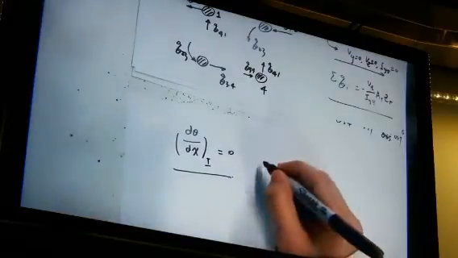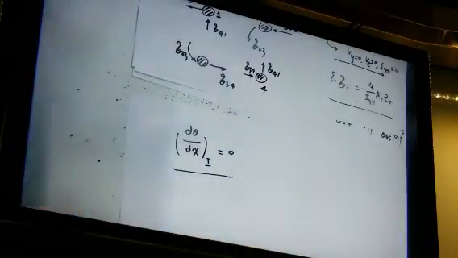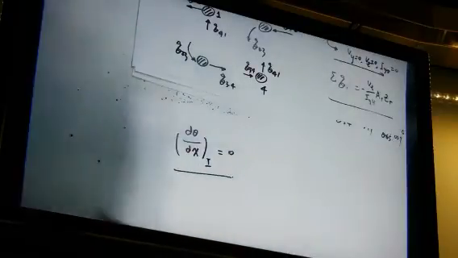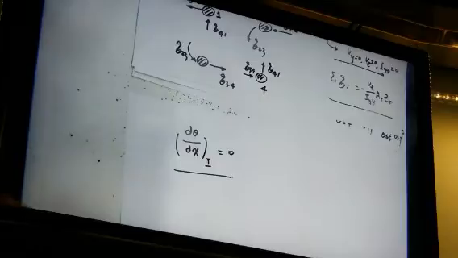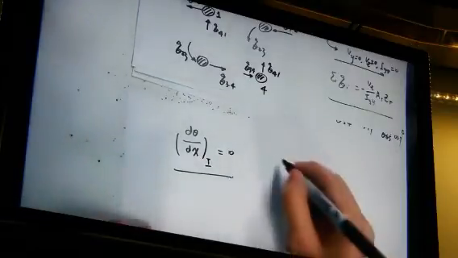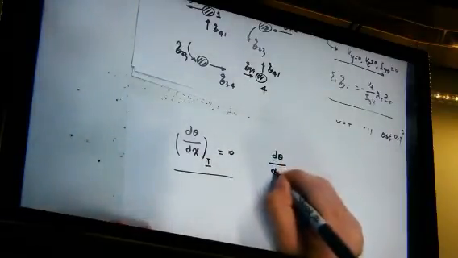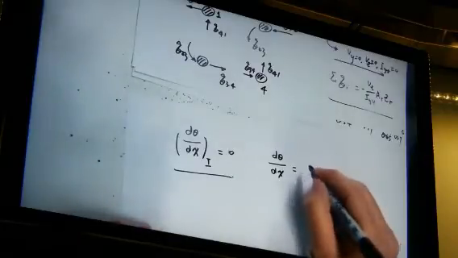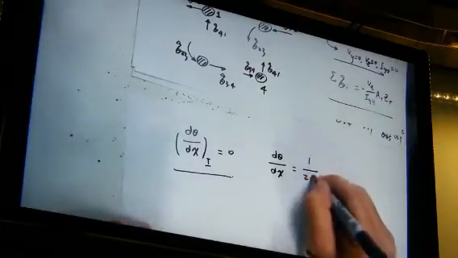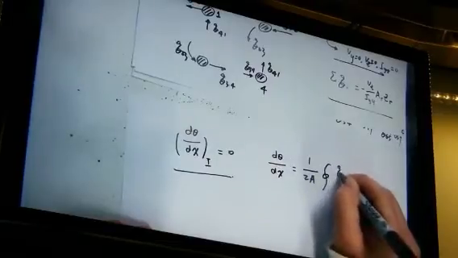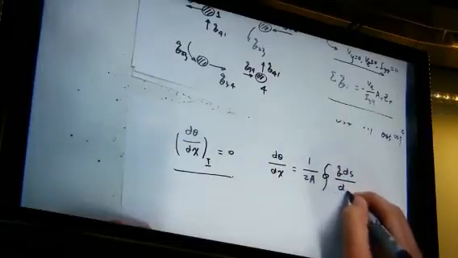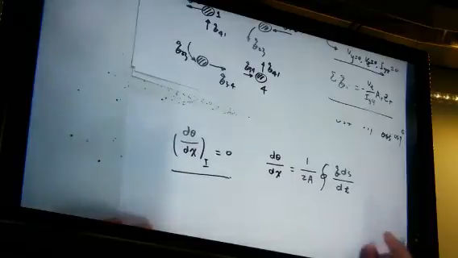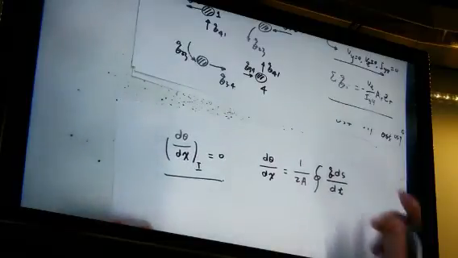There's a formula for d theta dx. D theta dx is equal to 1 over 2A, the integral of q ds over Gt. This is a definition.